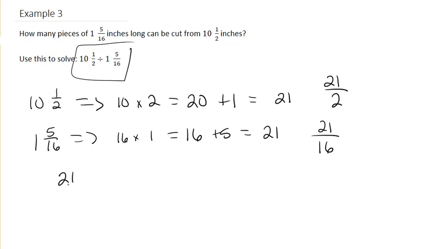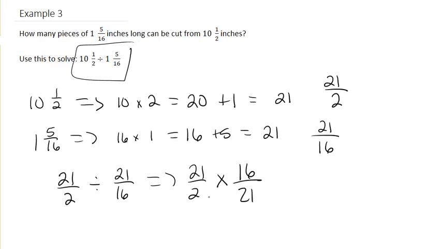Now we take 21 over 2 divided by 21 over 16. How we make division into multiplication is we multiply and take the reciprocal of the second one. So now it's 16 over 21. These 21s will cross out before we even begin to multiply, and they're just left as ones.